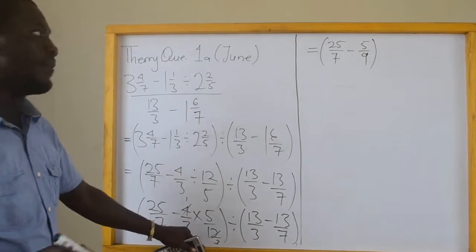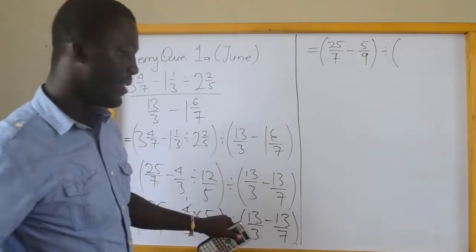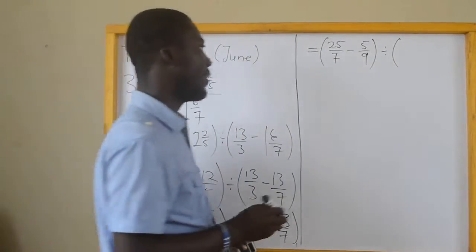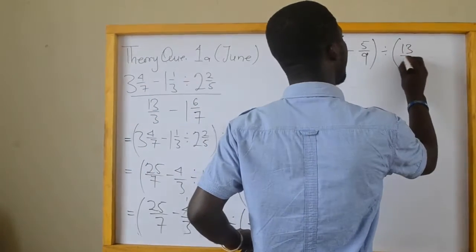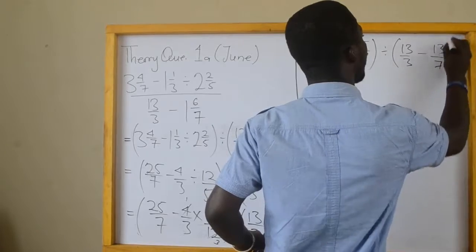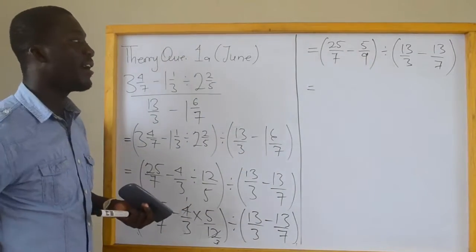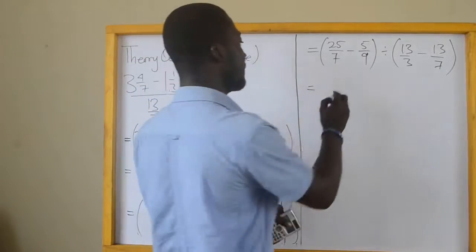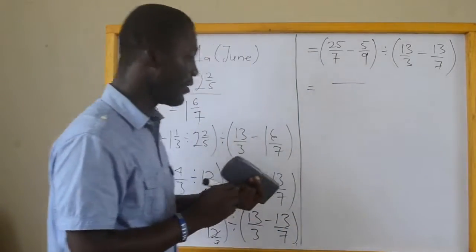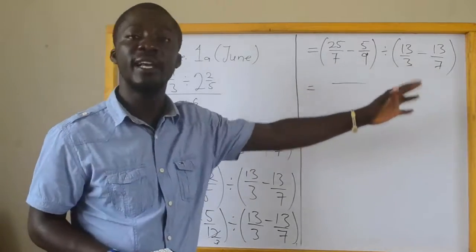That's 3 times 3 here, divided by, we just repeat the brackets over here, 13/3 minus 13/7.